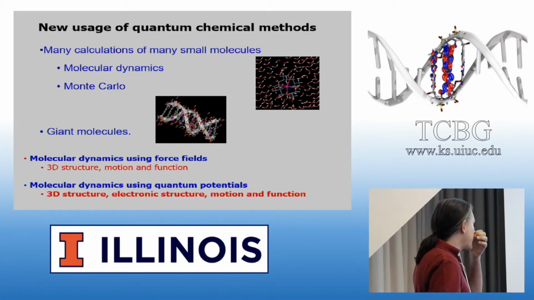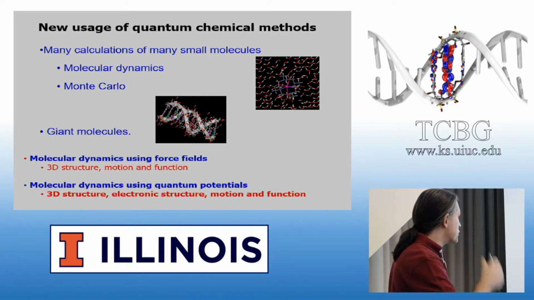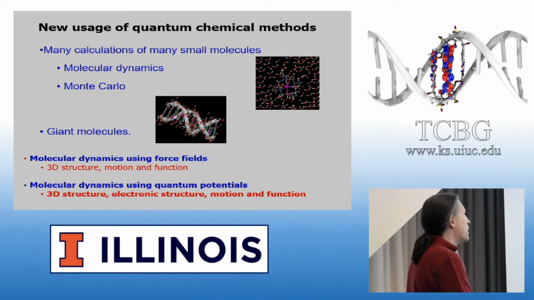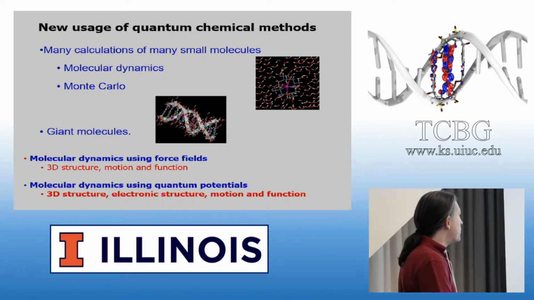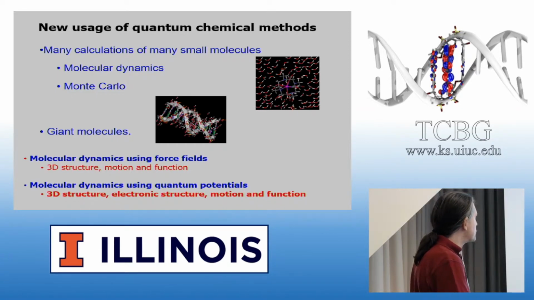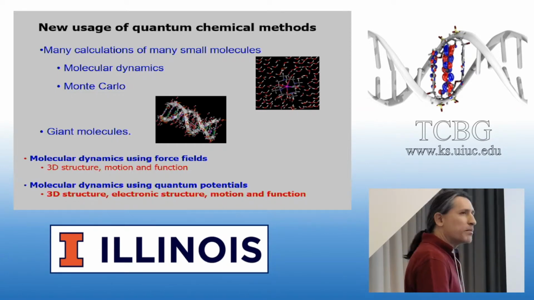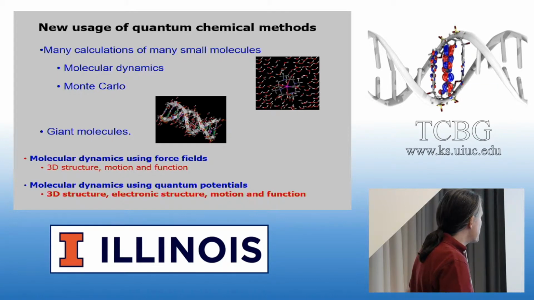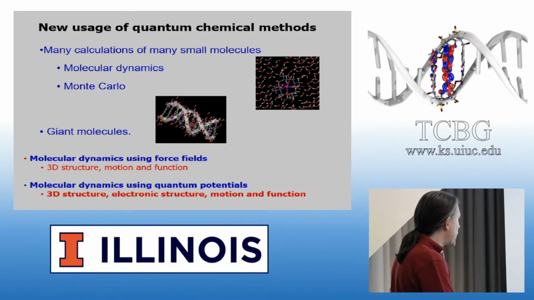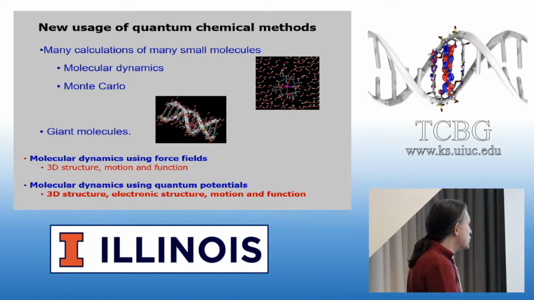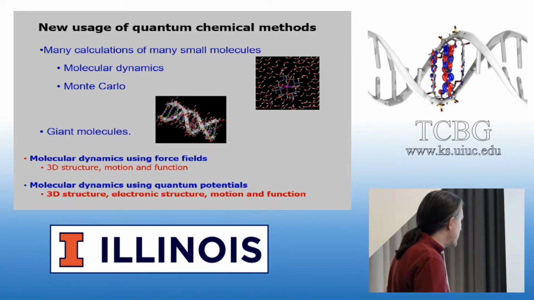And that slide is something like the previous slide. When you have many calculations of many small molecules, you can use semi-empirical methods. And when you have a giant molecule, you are able to use semi-empirical methods too.